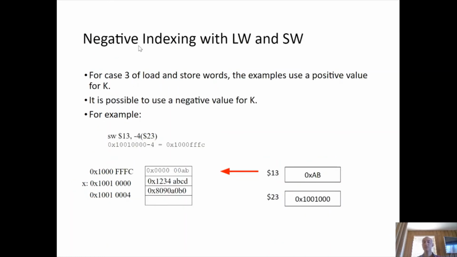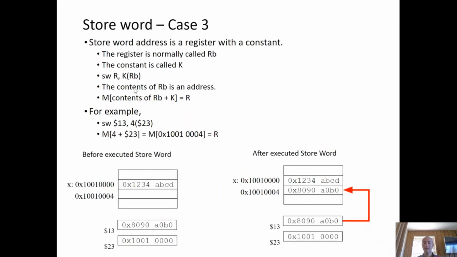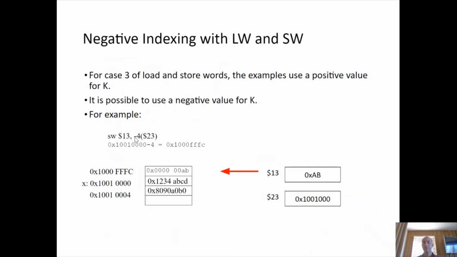Also, we can do negative indexing. As you saw before, we had a 4 here, but we can have a -4 also, and it works the same. This works for both load word and store word. There is not much to it, so let's look at register 23, for example.